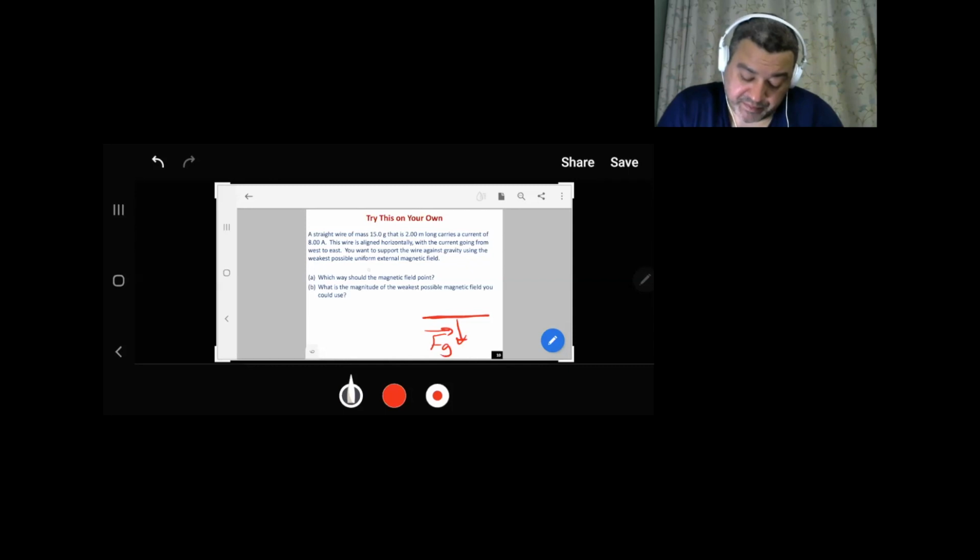Now, this wire is 2 meters long and carries a current going from the west to the east. I is 8 ampere.